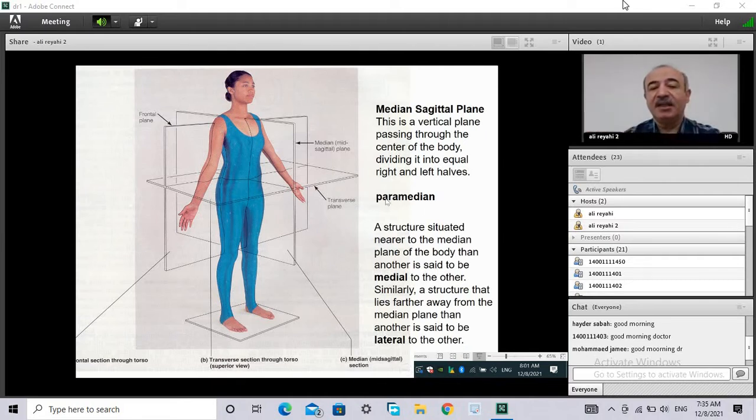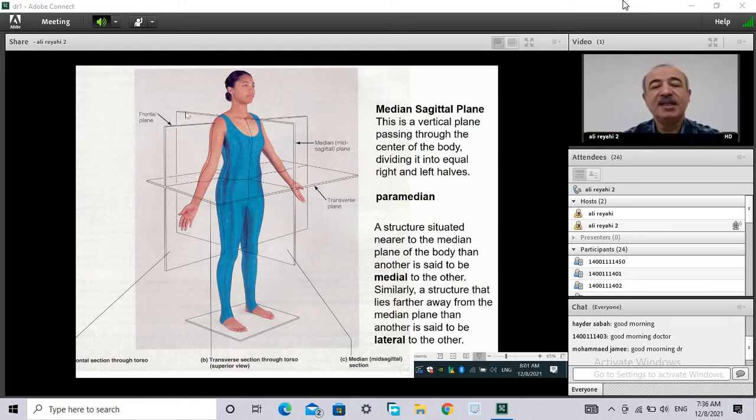And there are several paramedian or parasagittal planes that pass parallel to the median sagittal, and they divide the body into two non-equal halves.